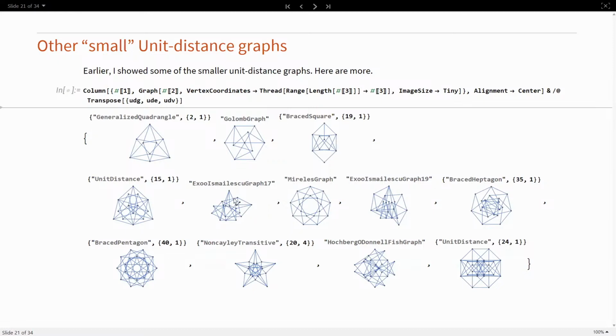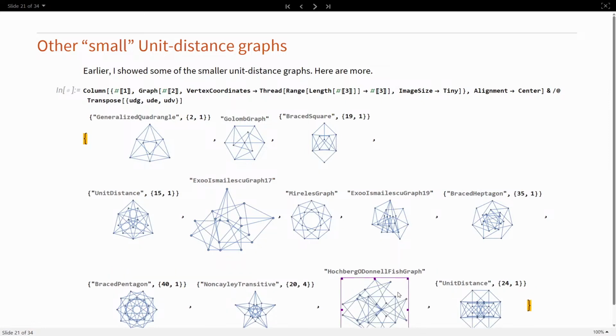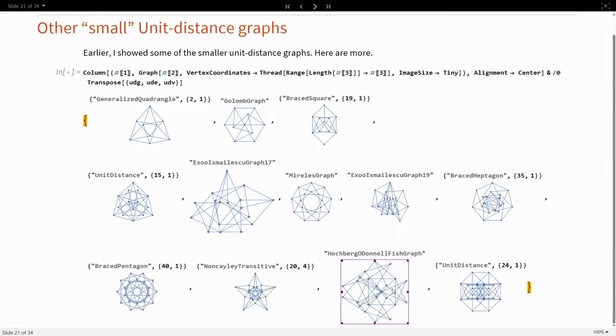This dense graph here is triangle free and has various weird properties. And also the fish graph is a way of bracing the square without using any triangles.